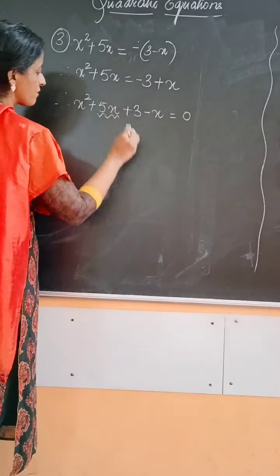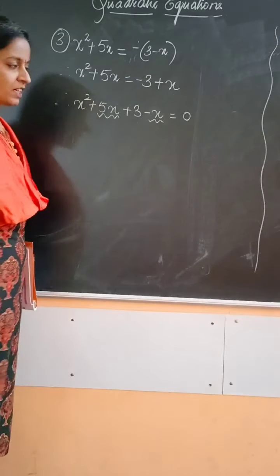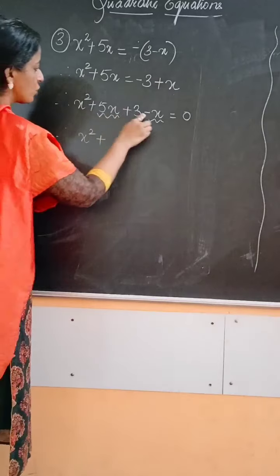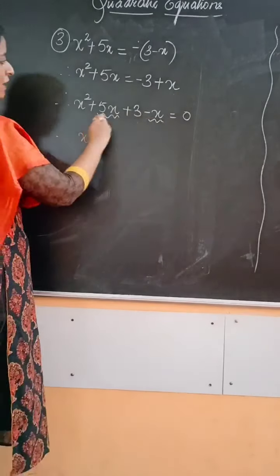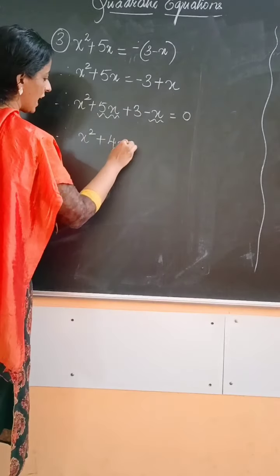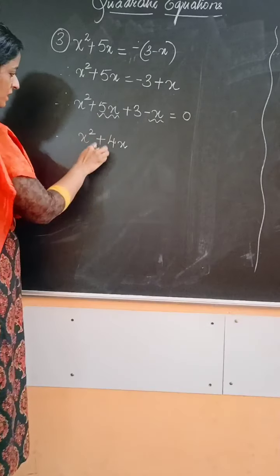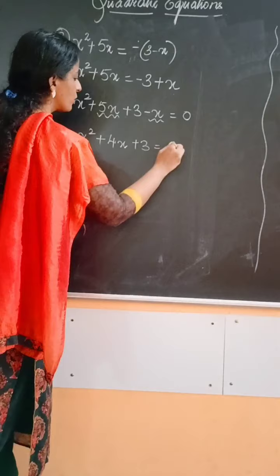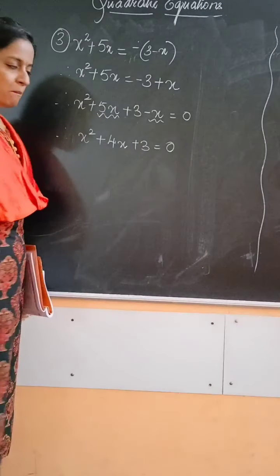Let us solve this. Plus 5x and minus x. x square, plus into minus is minus. 5 minus 1 is 4x. 5 is the greater number and the sign is plus. And we have plus 3 equal to 0.